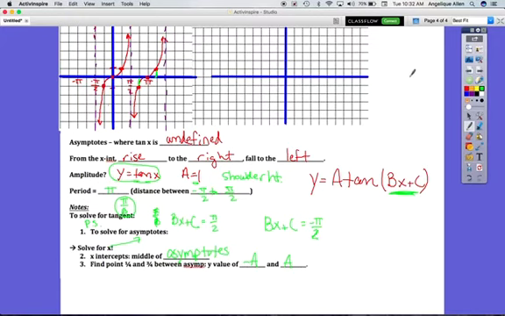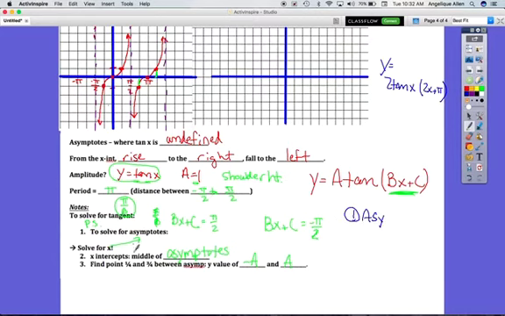Let's graph a particular function now and put all this to work. I'm going to say y equals 2 tangent, which is going to stretch it, and then do 2x plus pi. Okay, so I told you first draw asymptotes.